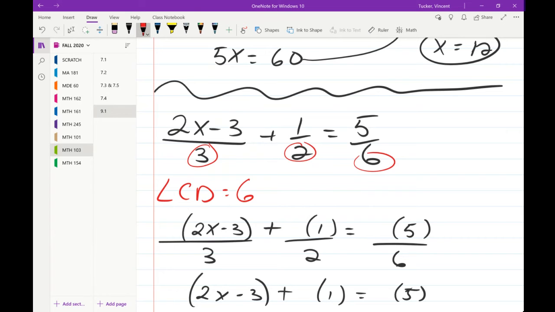So that's the smallest number. I don't think I mentioned this initially. Let's say if you saw 12, you didn't see 6. As long as each one of those denominators can divide into it evenly, you'll still be okay. Even if you didn't find the smallest common denominator, you could use 12, like I said, 24, something that all three can divide into.